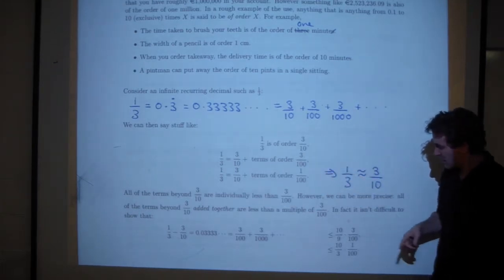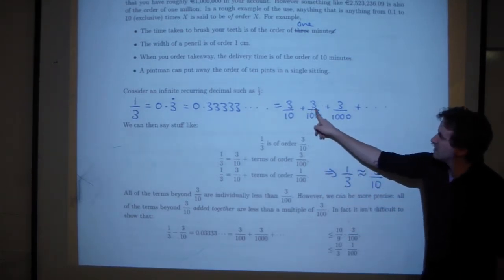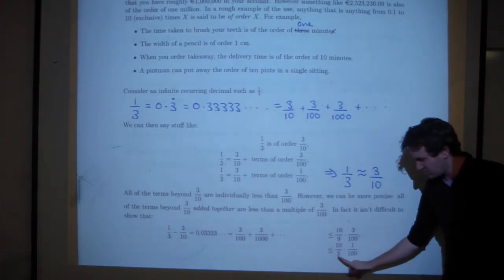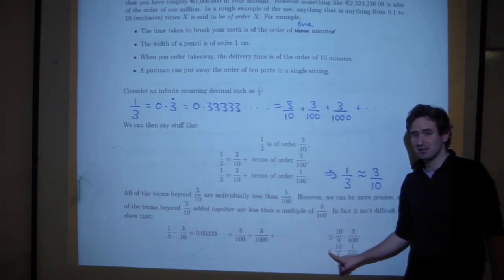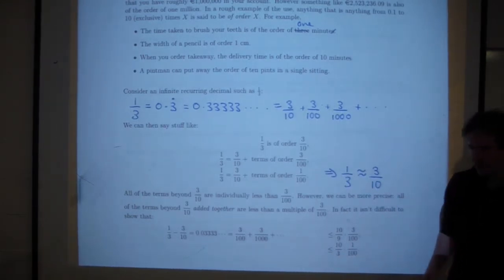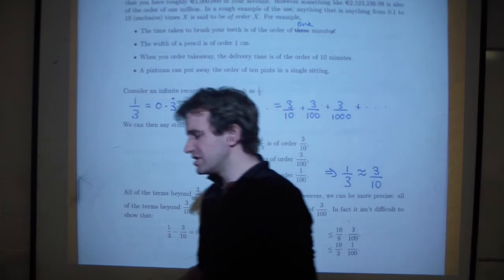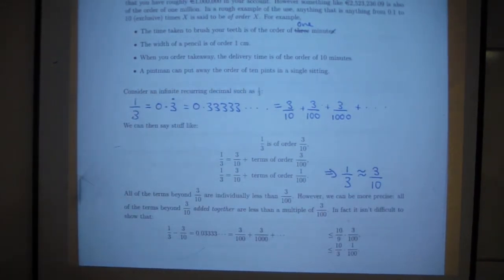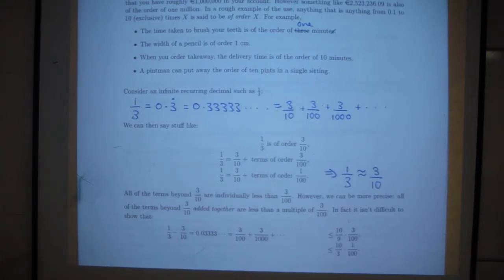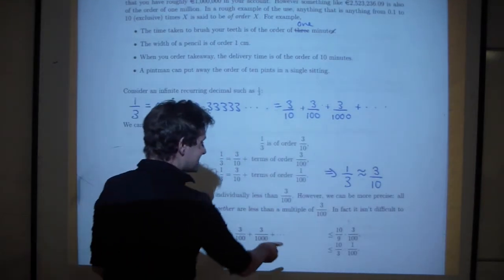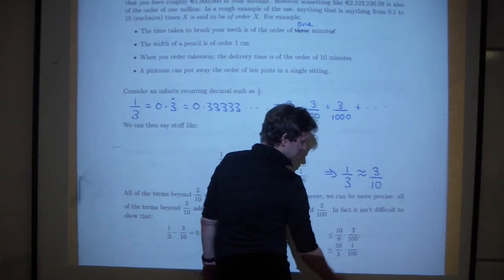And then I said, look, 3/100ths I'm not really interested in. 1/100, I know that's small. And you can show that all of these things added together are some multiple of, or actually what's important is less than some multiple of this. So we've kind of got this order of, initially it means it's approximately, but now we're really getting to the nub of it. Something is of order 1/100 if it is less than a multiple of it.